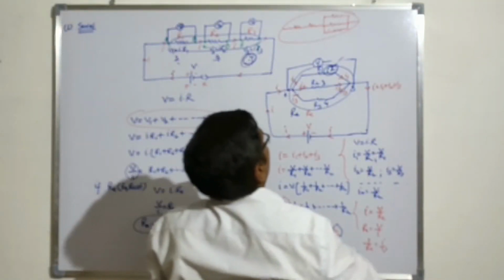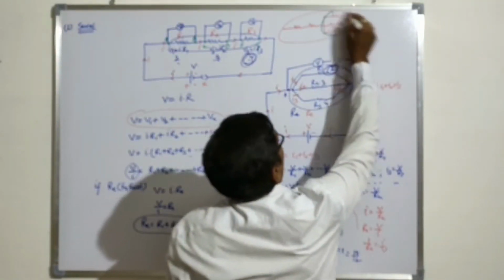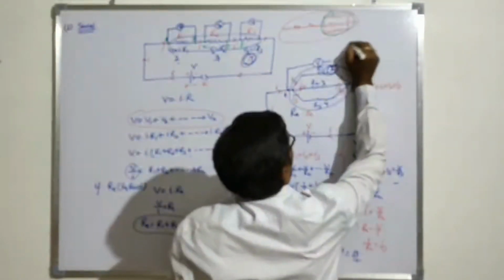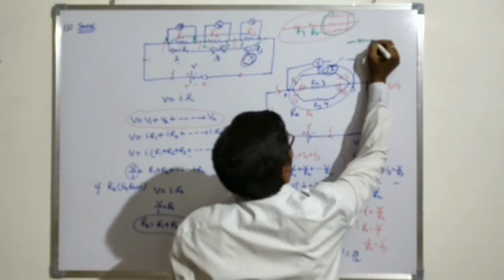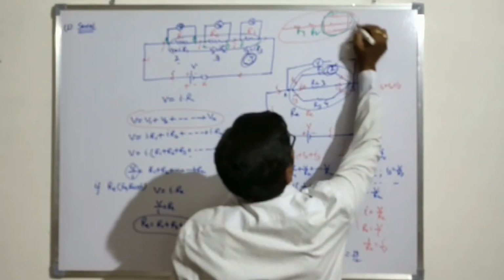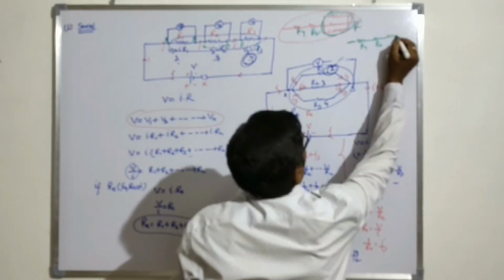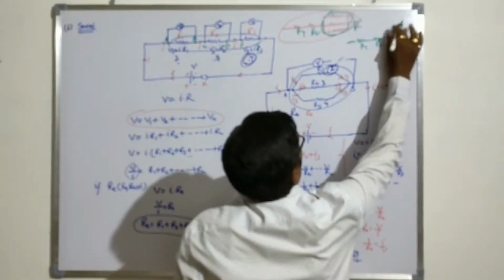Suppose we have solved this; after solving, the equivalent of the parallel part is R dash, with R1 and R2 in series with it.